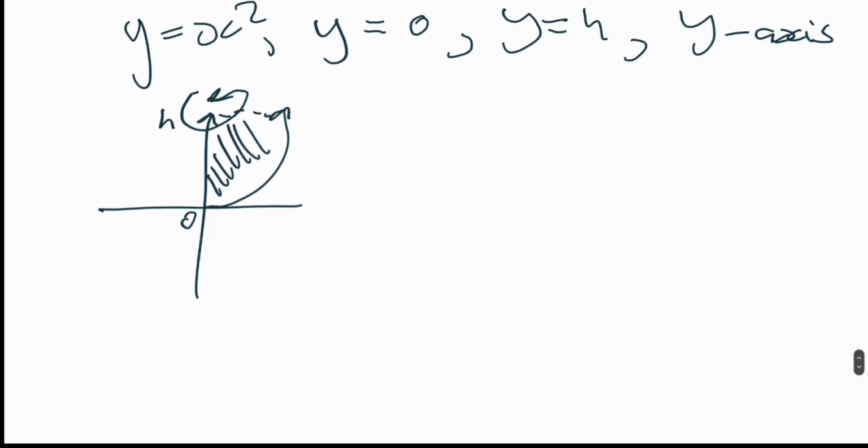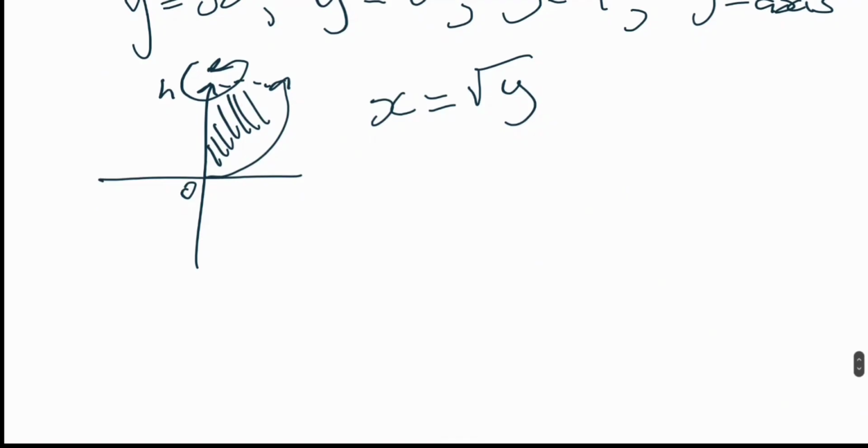Alright, so again, we're going to need to get this function in terms of y. So we're going to need to get x equals and then some function of y. So x equals, if we take the root of both sides, we get root y.